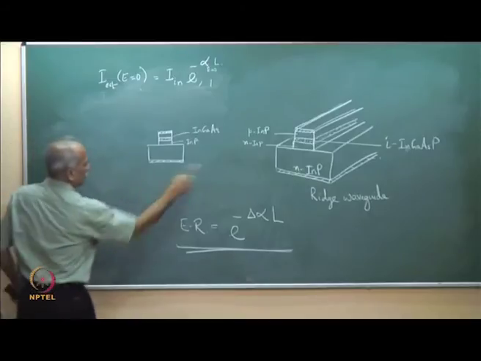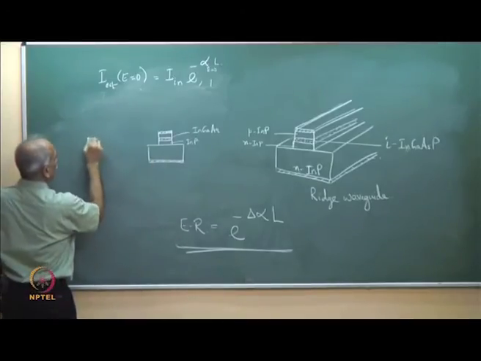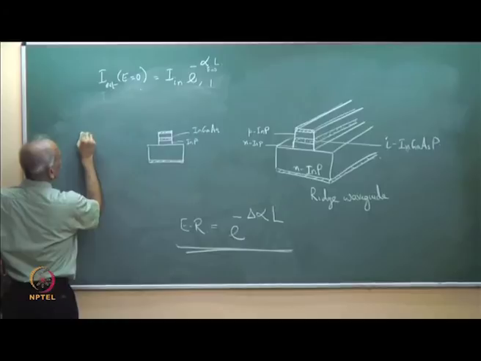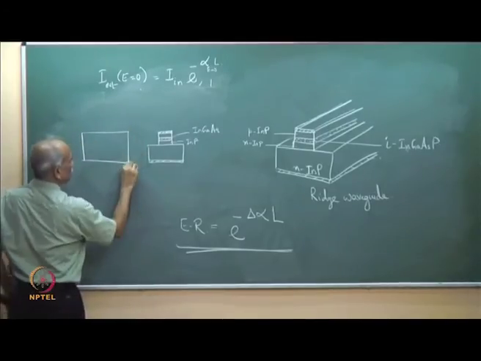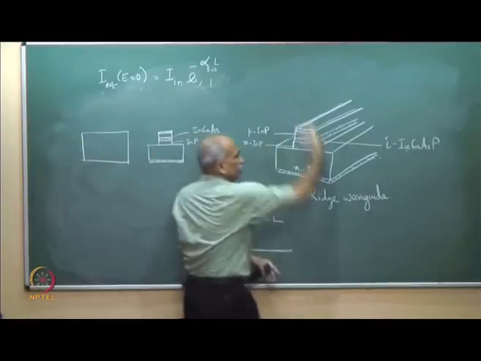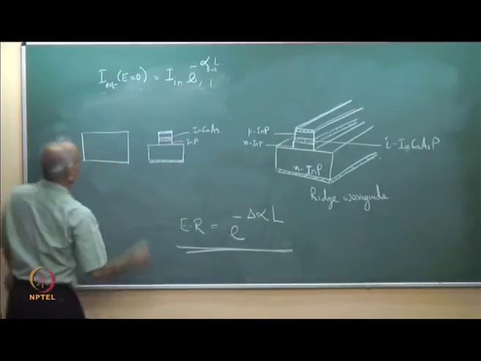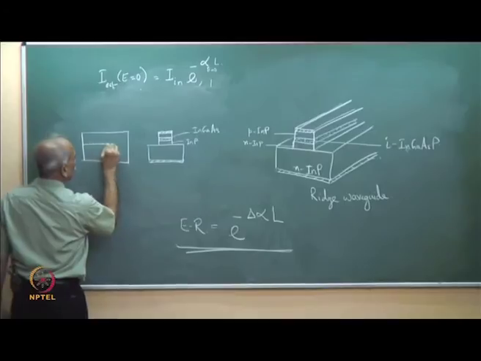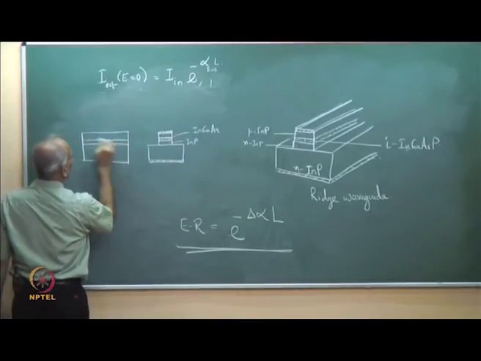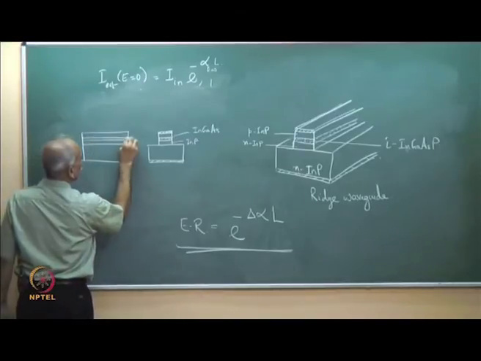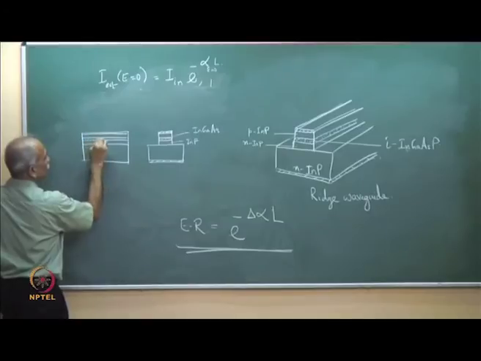I will explain what I mean by that. If I show the longitudinal cross section, it will look like this. This is the transverse cross section, the end that you are seeing, and if I show the longitudinal cross section, it will look like this. One-to-one correspondence.